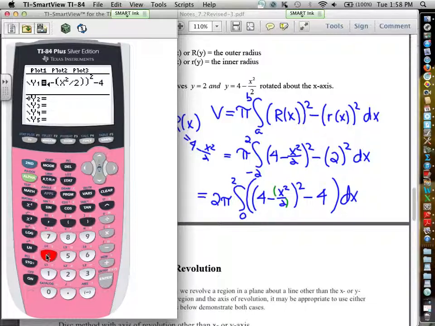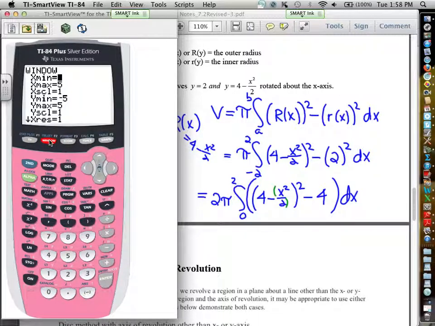I need this binomial squared, parentheses around that x squared over 2, or if you don't want to type it in as x squared over 2, make it 0.5 x squared. It's the same thing. All right, and then the minus 4 on the end. I got to make sure that my bounds for integration are included in my window. So once you have it typed in there, hit your window. Make sure your window at least goes from 0 to 2. It can be bigger than that, can't be smaller than that.